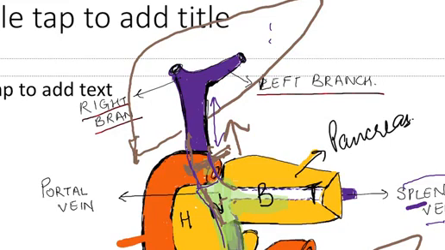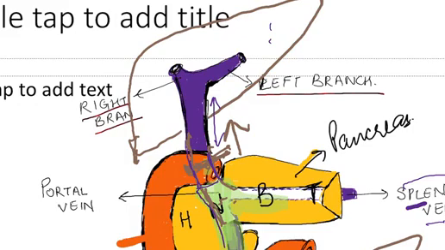And there are three structures that are entering and exiting through this porta hepatis. So it is acting as a port, as a gate. So what are the structures that are entering and what are the structures that are exiting? The bile duct is exiting through the porta hepatis, and the hepatic artery and the portal vein are entering via the porta hepatis.